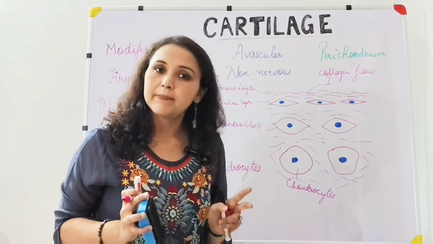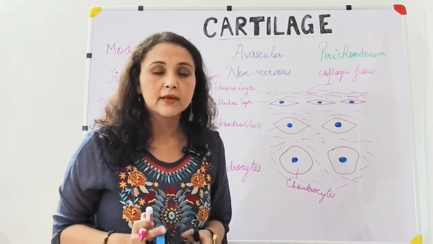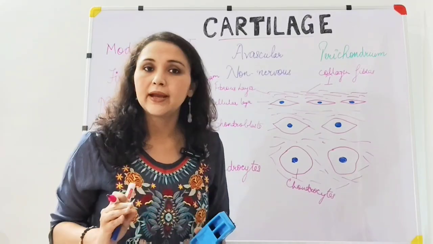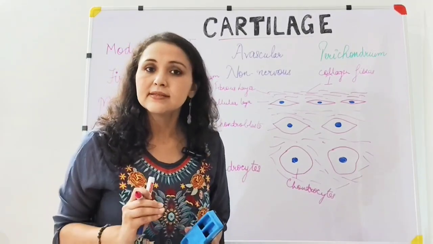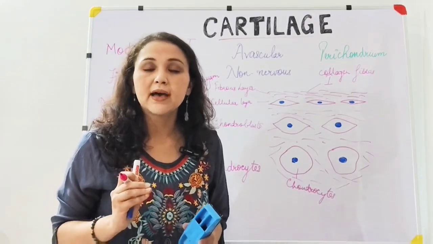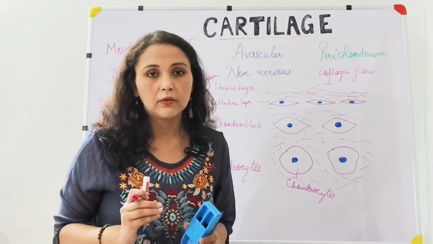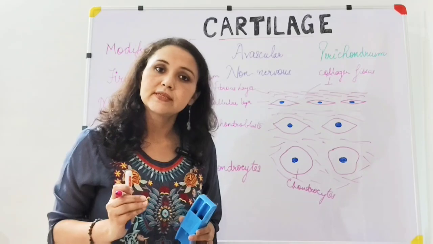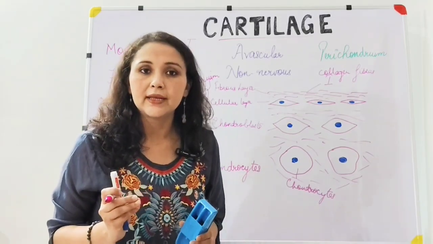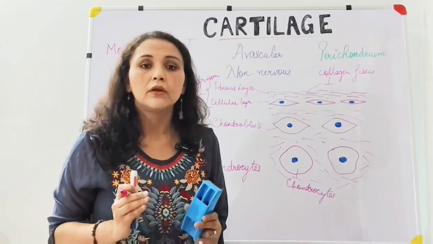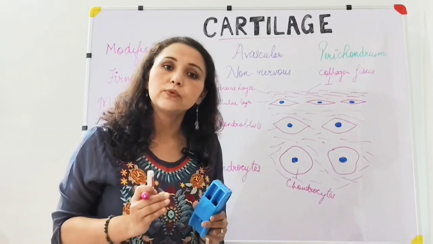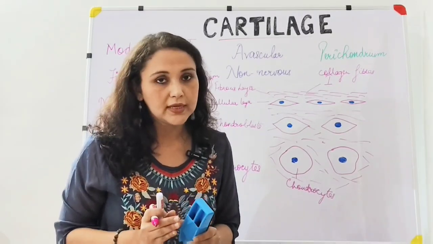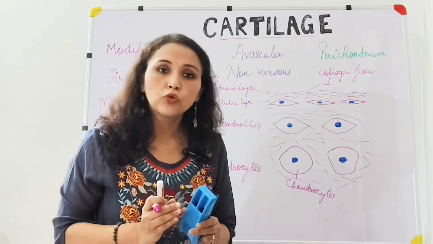It is lined by perichondrium on the free surface, but at one site, hyaline cartilage is not lined by perichondrium, and that is the site where the bones are forming a joint. Where the bones are forming the joint, the articular surfaces are covered by hyaline cartilage, whose main function is to reduce the friction so that the two bones can glide easily over each other and there are smooth movements.